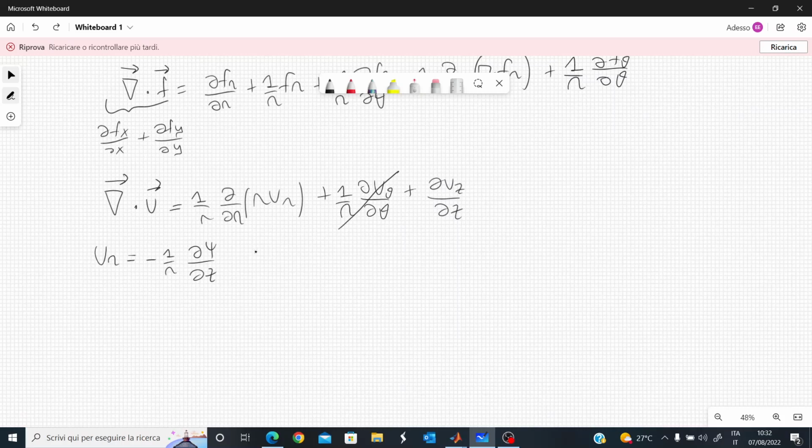So you have uz equal to 1 over r d over dr of the function psi.